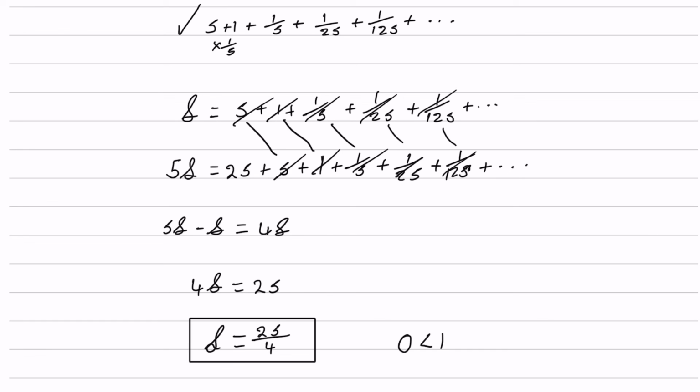And the reason this works when we have a ratio that is less than 1 but greater than 0, the reason we can calculate the sum, is because as the ratio gets multiplied again and again, the number consistently gets smaller and smaller, eventually approaching 0, never actually reaching 0, but going infinitely close to 0.